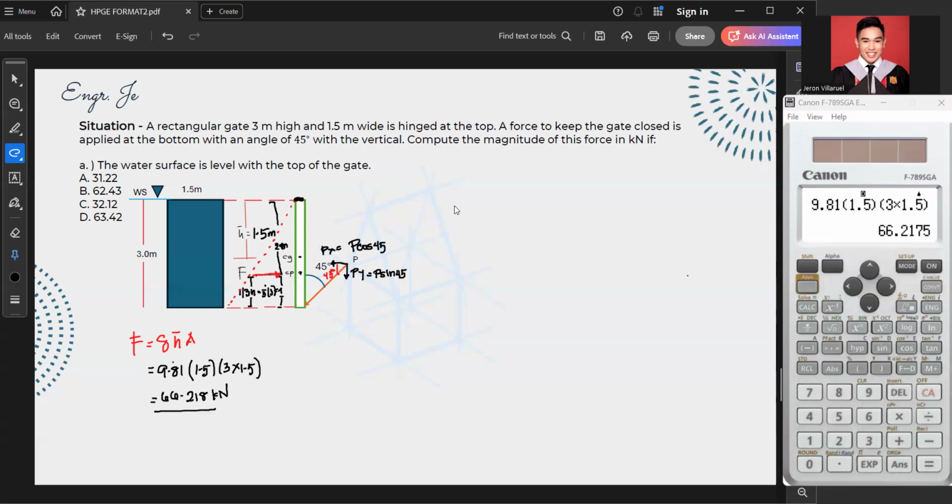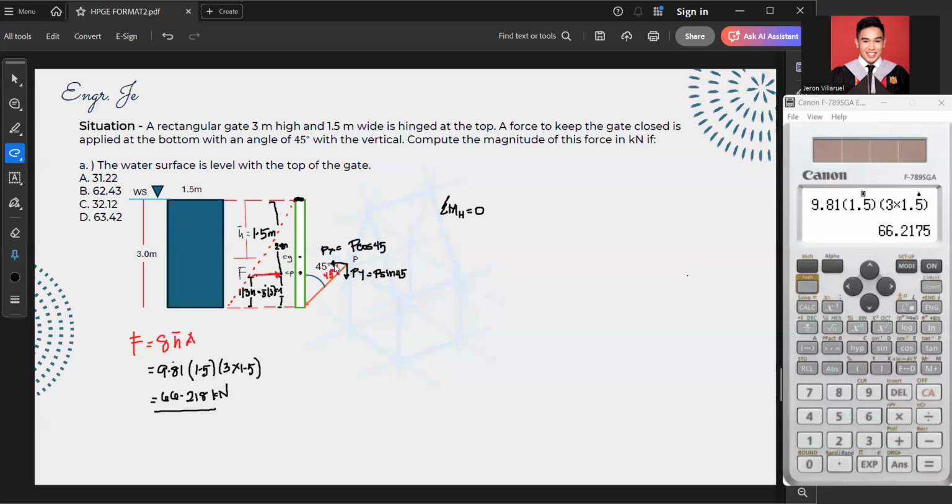We can now do our summation, with our reference at the hinge. The summation of moment at the hinge is equal to 0. So the hydrostatic force times its moment arm, and the force to keep our gate closed times its moment arm.